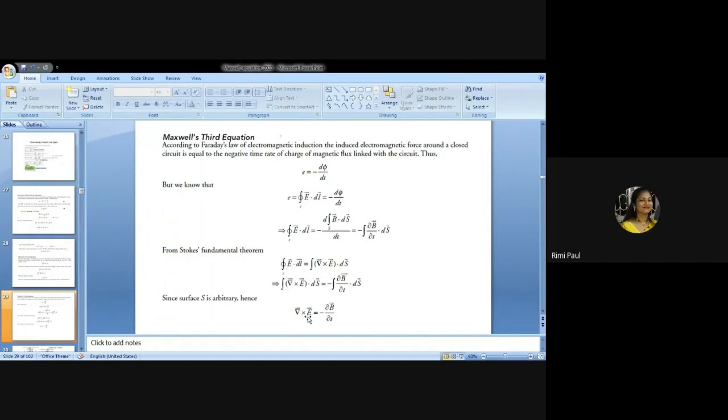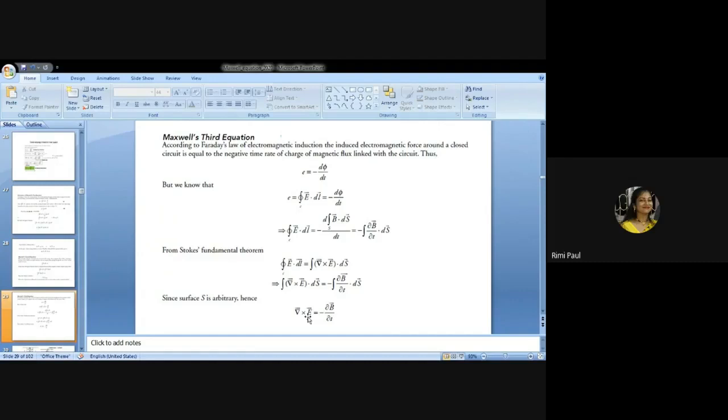So the third equation is connected to an electromagnetic field, or we can say it produces an electromagnetic wave. From this we can say Maxwell's four equations are connected to an electromagnetic wave.